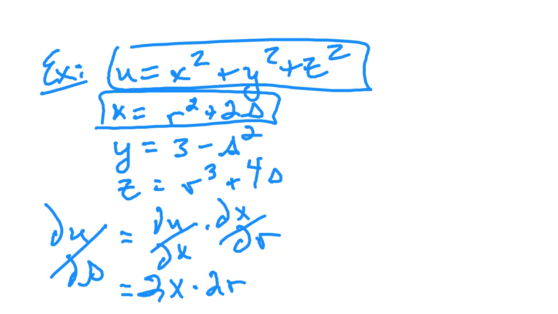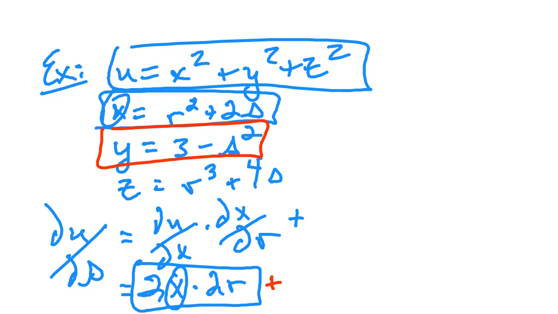Now notice we have x's and r's here, so we could actually sub in that x with this x, and then we get it in terms of r and s when we're done. But anyway, that's the first one, and then let's do the second one.